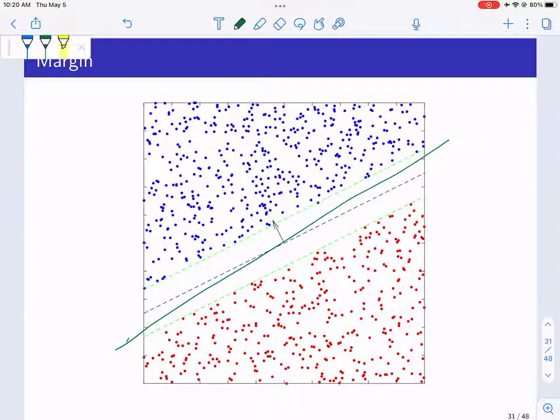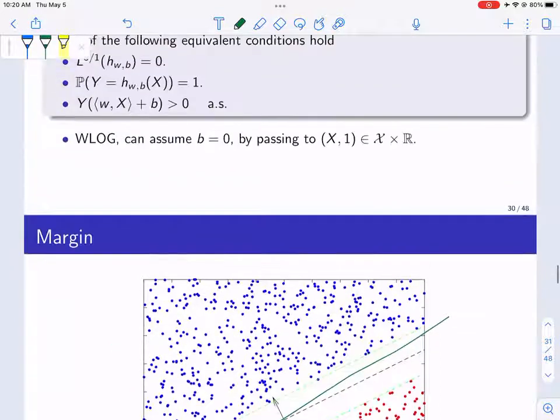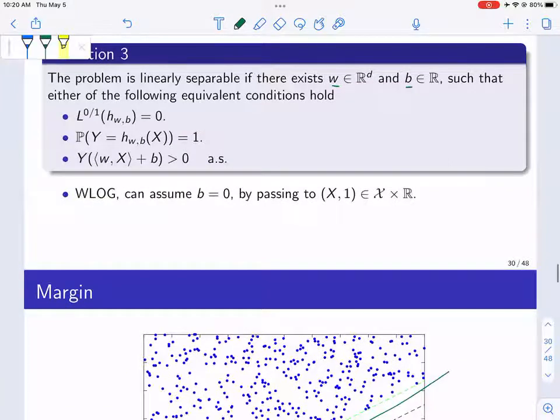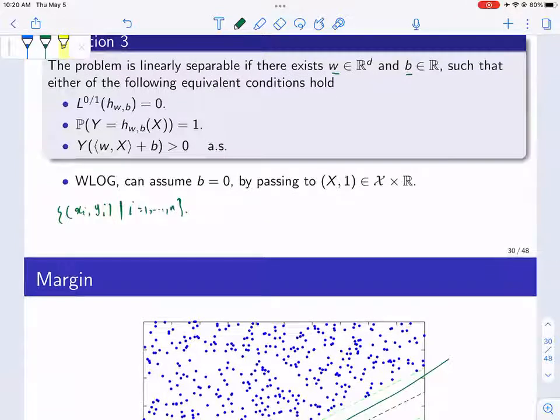And so in this separable case, let's say I get a sample of size n, it's possible to actually compute a separating hyperplane. This is the population version, but if I have a sample of size n, and I observe the training data, i from 1 to n, then I want to find a hyperplane that has zero loss.